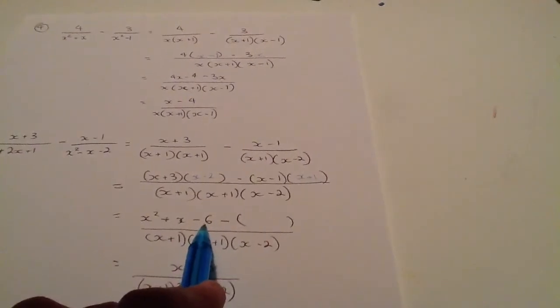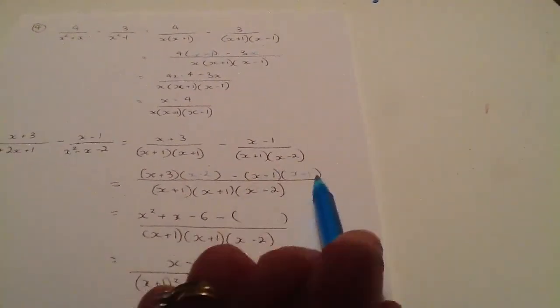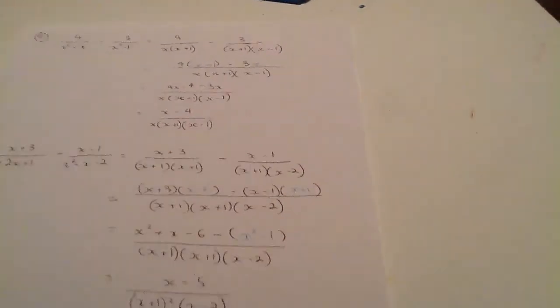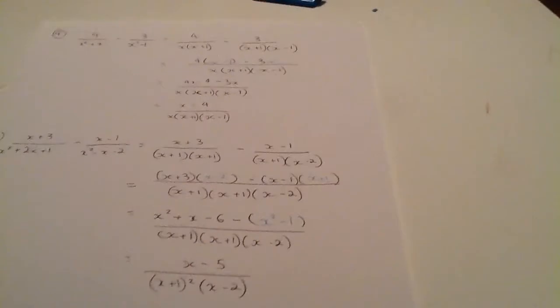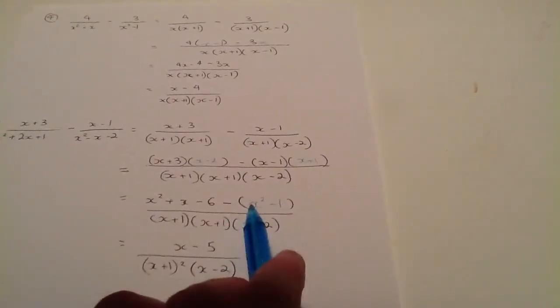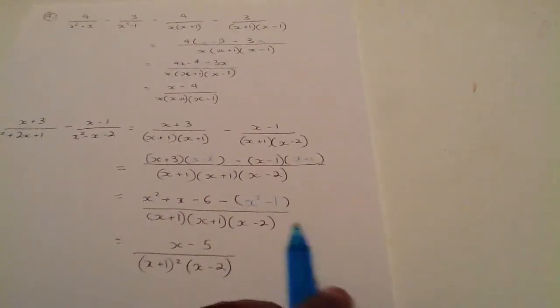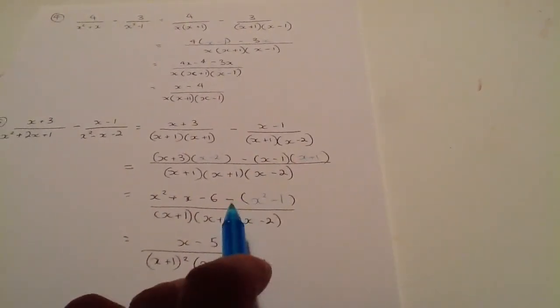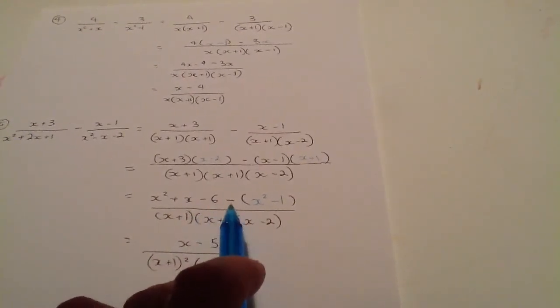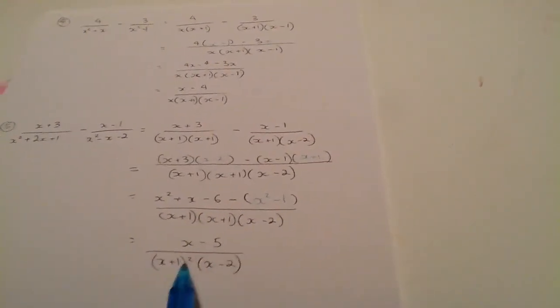Make sure you understand where that comes from. Minus, this is a difference of 2 squares, so that's x squared minus 1. Just make sure you're happy with that as well. So when we go to expand that out, that becomes minus x squared, so the x squareds cancel. That becomes plus 1, so we've got x minus 6 plus 1, x minus 5.